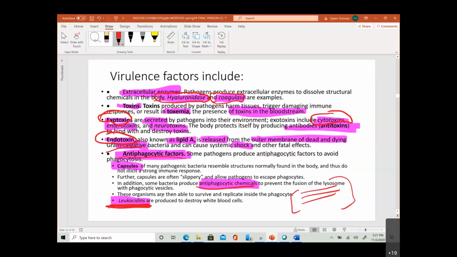There are even microorganisms that are able to survive and replicate inside a macrophage.